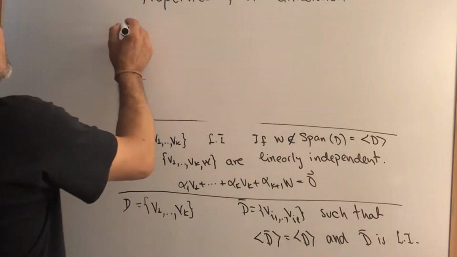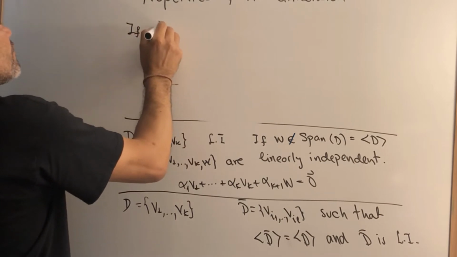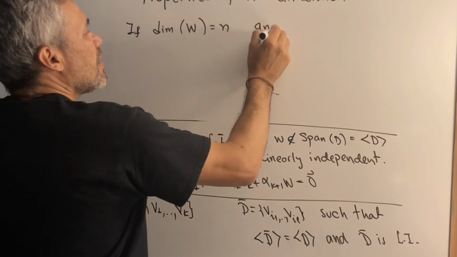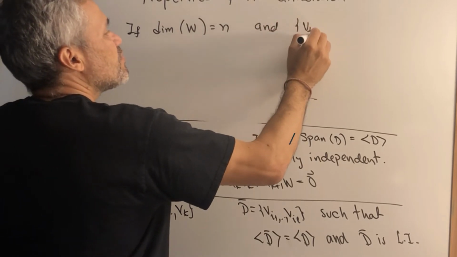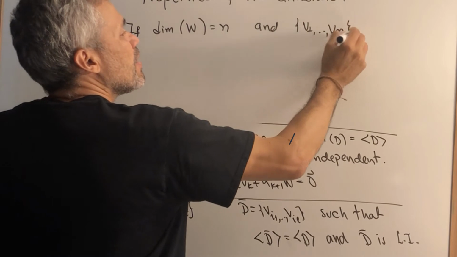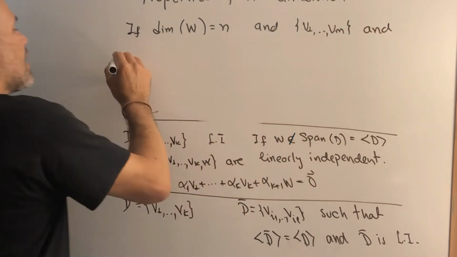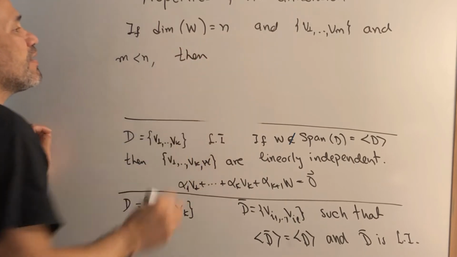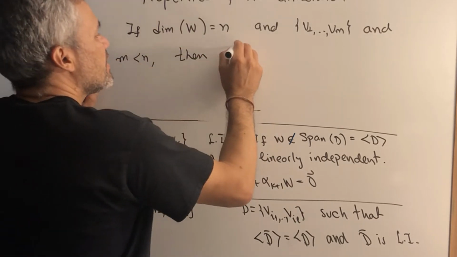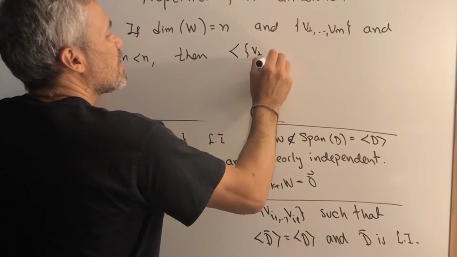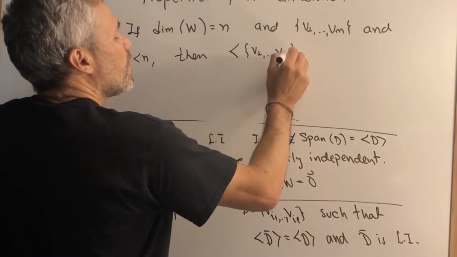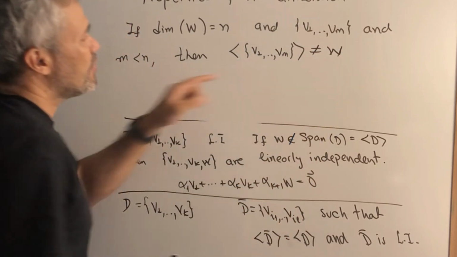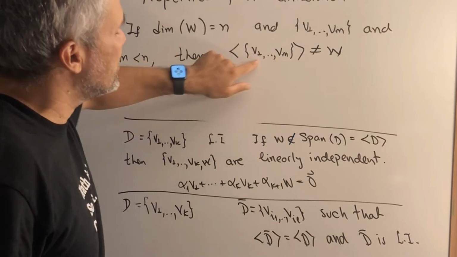We have that if the dimension of a vector space is n, and we have a collection of vectors v1, ..., vm, and m is smaller than n, then necessarily the span of these vectors v1, ..., vm is not equal to W. W is going to be bigger than this span.